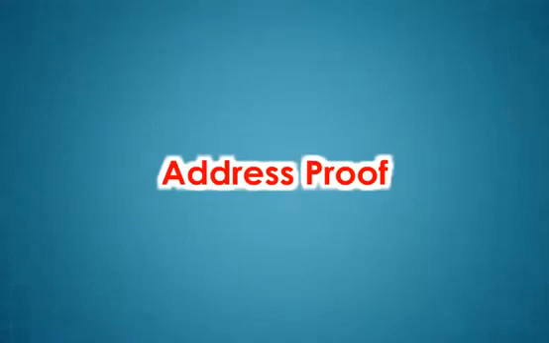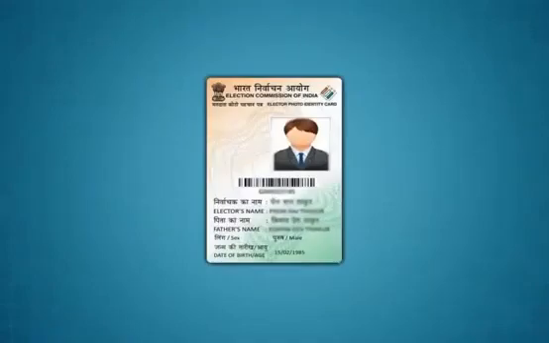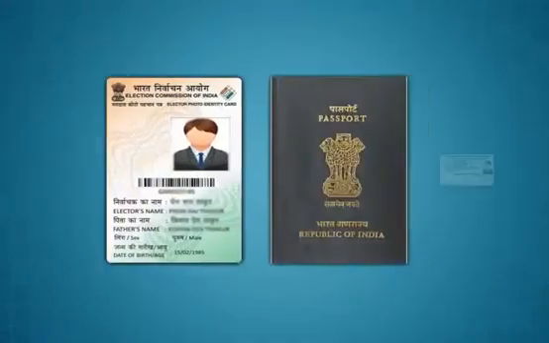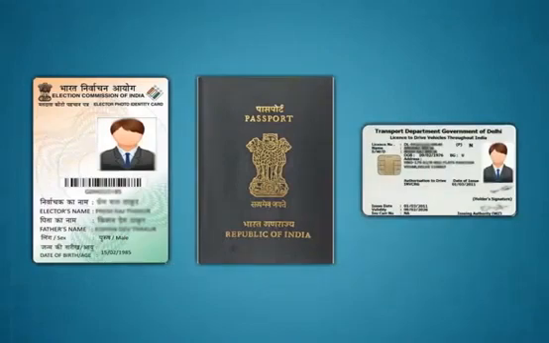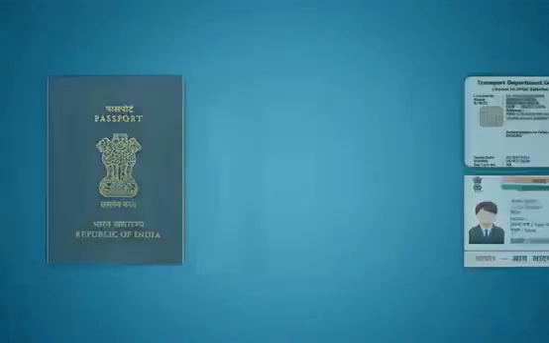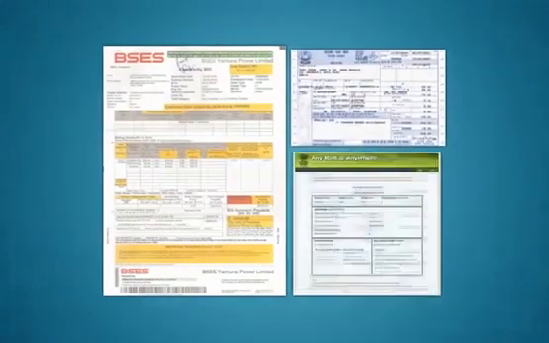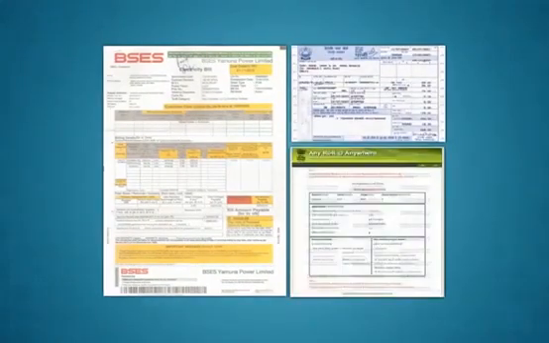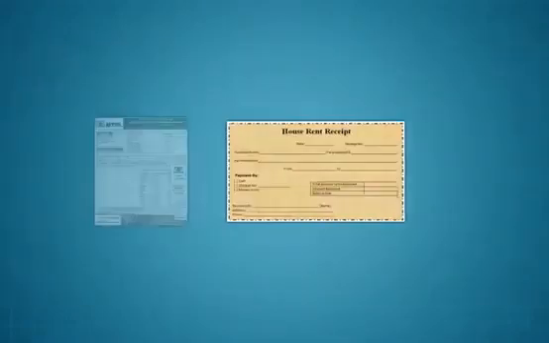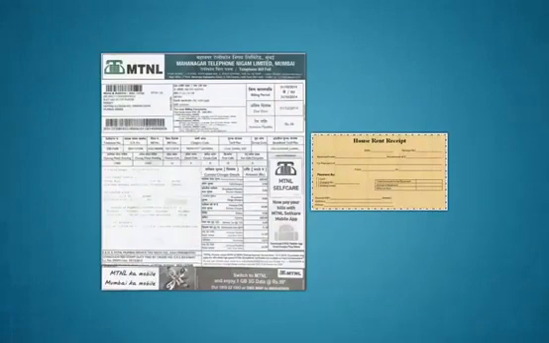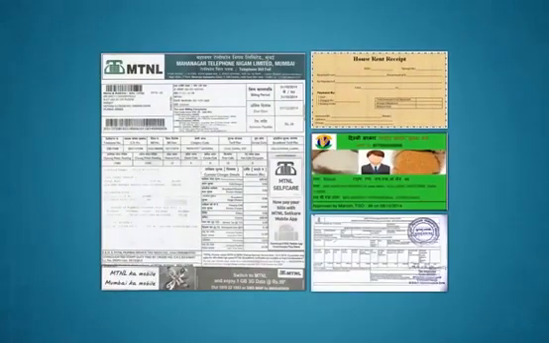Any one address proof like voter ID card, passport, driver's license, Aadhaar card, electricity bill, water bill, extracts of 7/12 and 8A or rent receipt, telephone bill, ration card or property tax receipt.